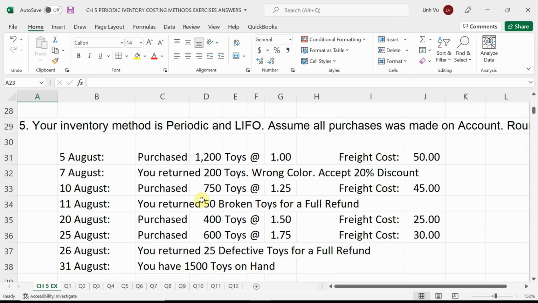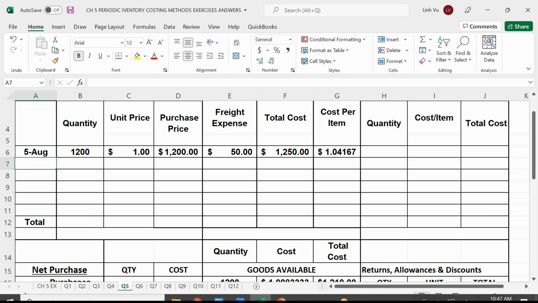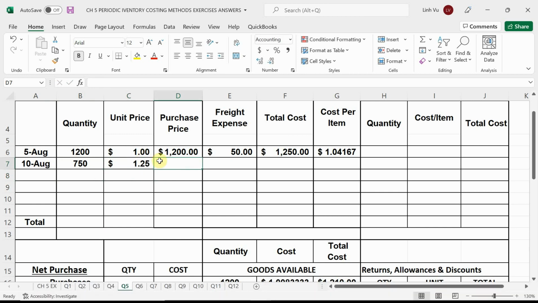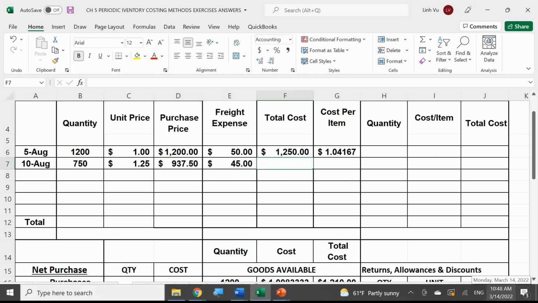Okay, so 750 at $1.25 with a freight of 45. That's $937.50. Plus a freight of 45.